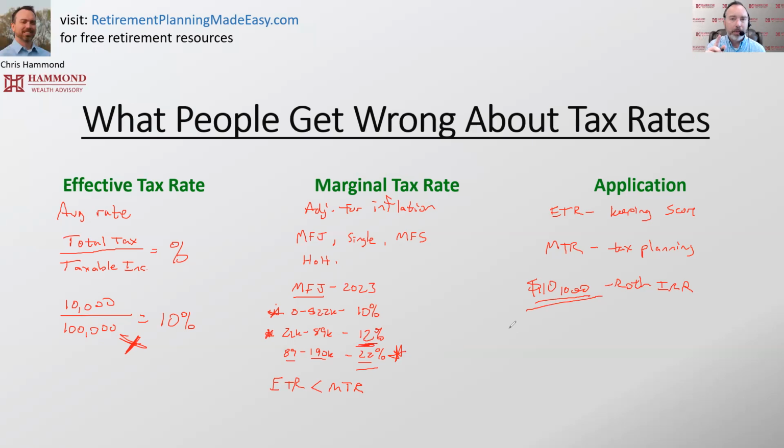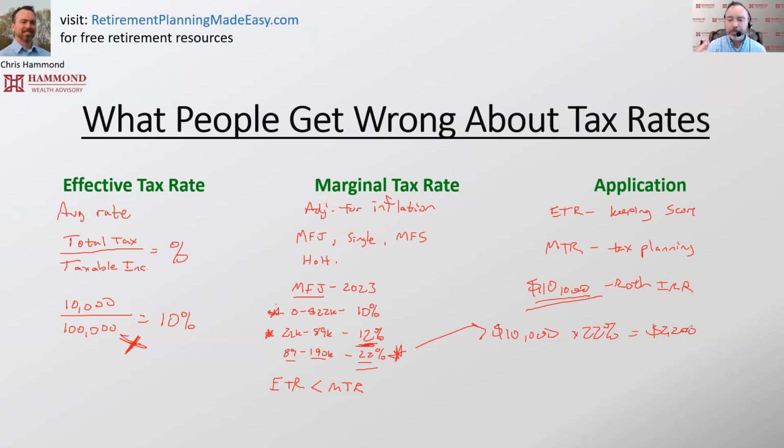Well, if you understand that that's where your marginal bracket is going to be when you're doing this conversion before December 31st passes, then you can have a pretty good idea of what it's going to cost you. So $10,000, and if you are in that 22% bracket, just multiply it by that, and you'll see that it would cost about $2,200 to do that Roth conversion.